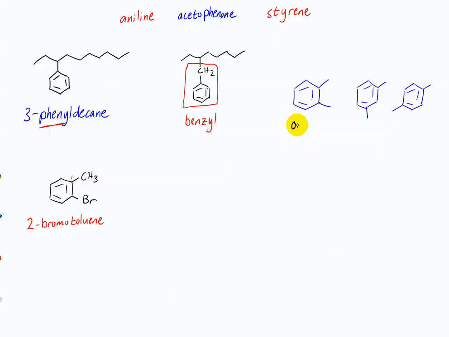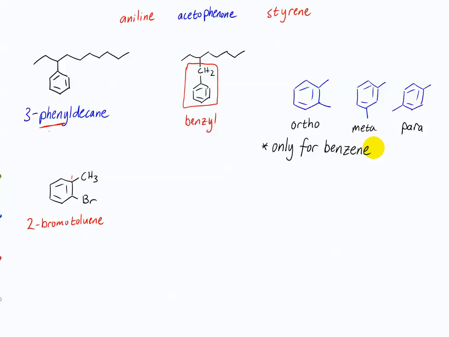This one is known as ortho, the 1,2. The 1,3 is known as meta, and the 1,4 is known as para. And the important thing to keep in mind here, because I always see this mistake, is that this is only for benzene. It doesn't work for cyclohexane because cyclohexane doesn't have the same symmetry.